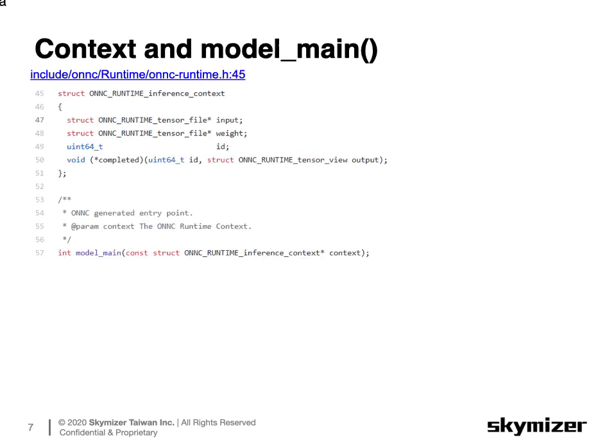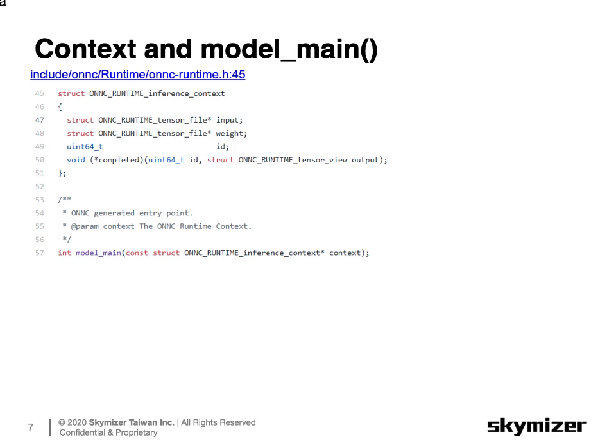And now we look into the signature of the ModelMain function. ModelMain takes a single context object as parameter. A context object has two tensor file handles, which represent the input tensor file and the weight tensor file respectively. ModelMain only expects one tensor in the input tensor file.